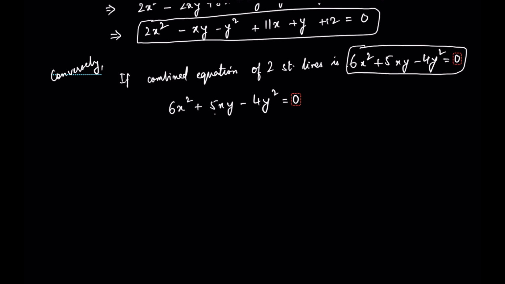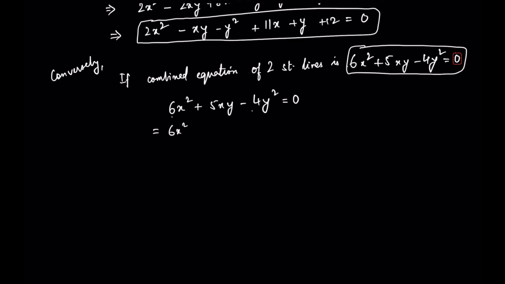So we have to break 24 in such a way that we get 5. How can we break 24 such that we get 5, students? Basically it can be plus 8 minus 3. So 8 into 3 will be 24 and 8 minus 3 will give you 5. We can use this factor to get it. So let's use it.